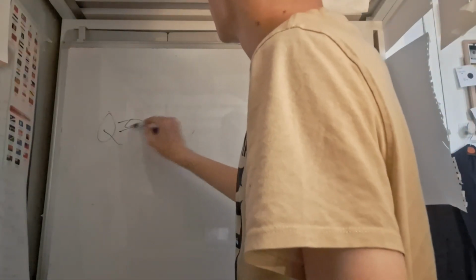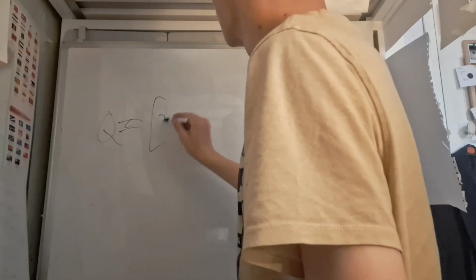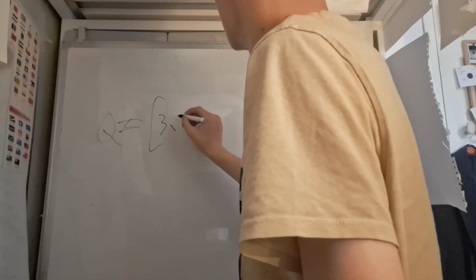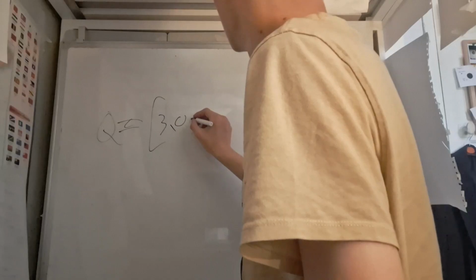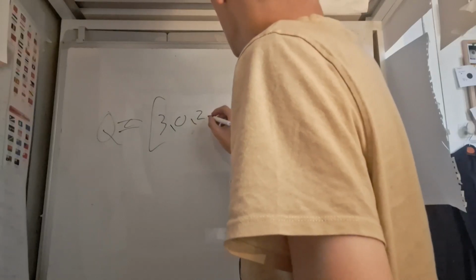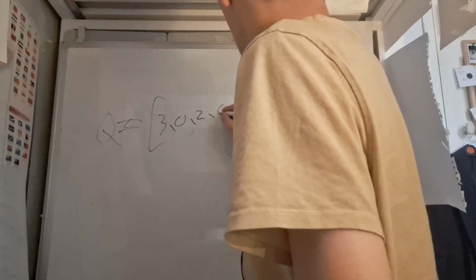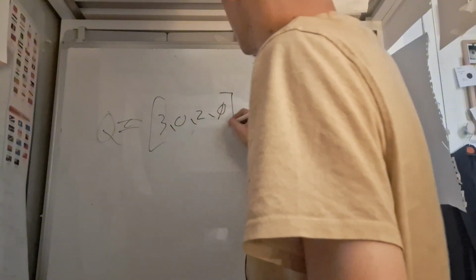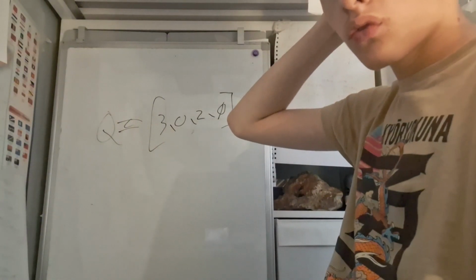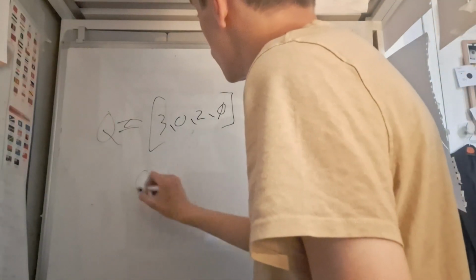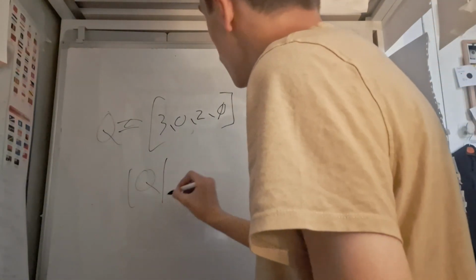Now, what if we had some set Q that contains 3, 0, 2, and the empty set? How many things are here? So that means we need to find the cardinality of the set.